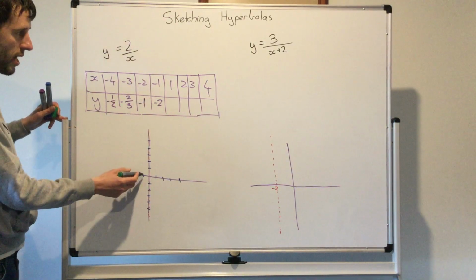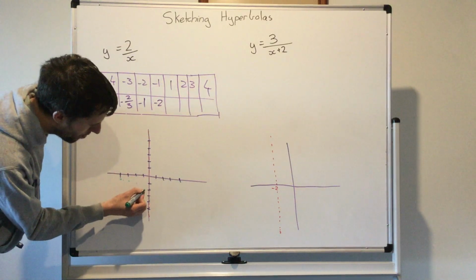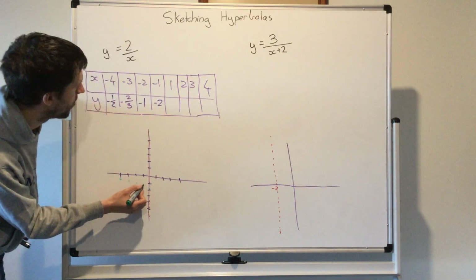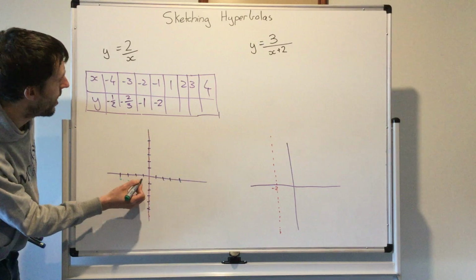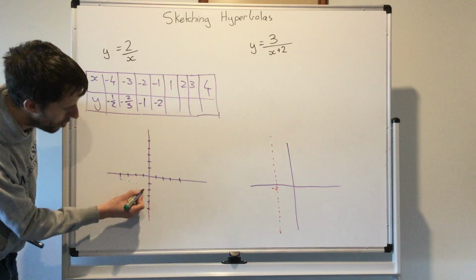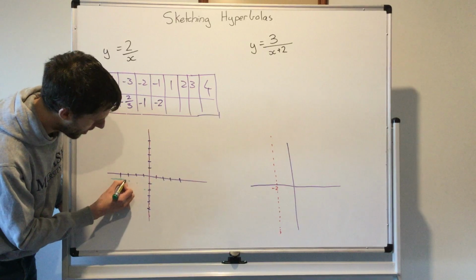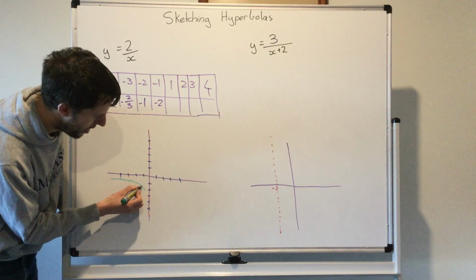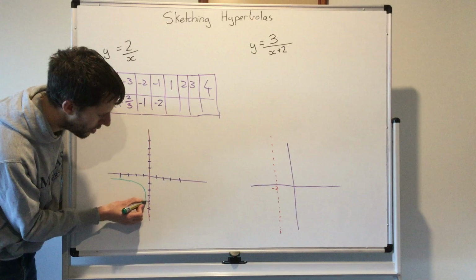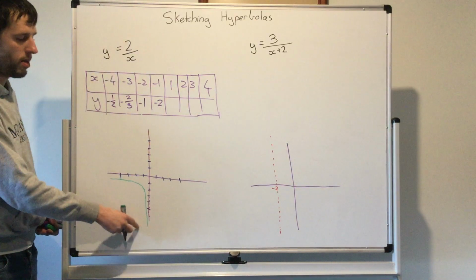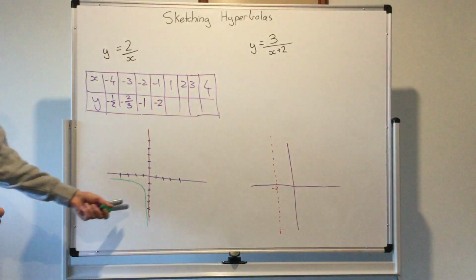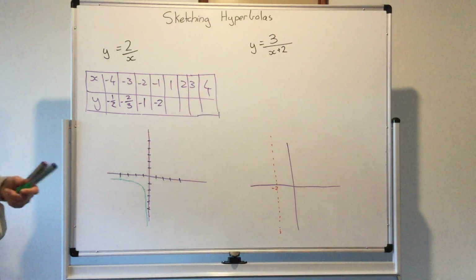Then when x is -1, I go to -2. So you can see my graph is going like this, and then it's starting to turn up, and it's going to go all the way down. So it will never touch that point there.